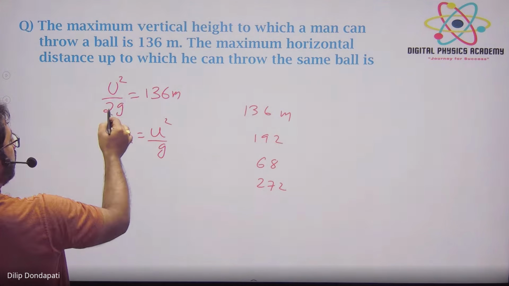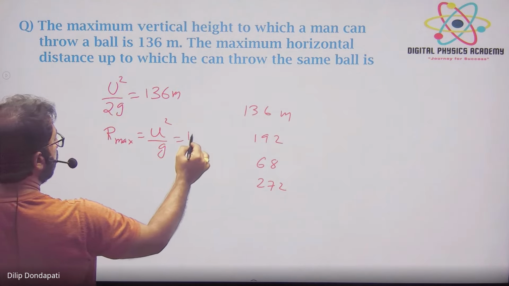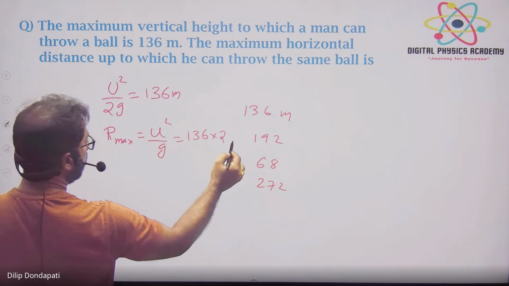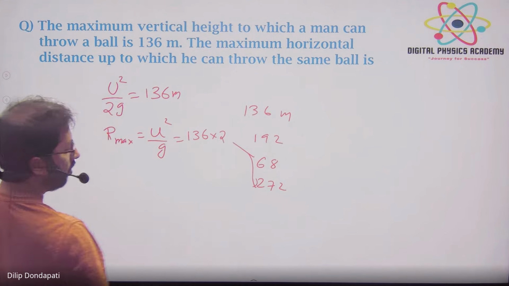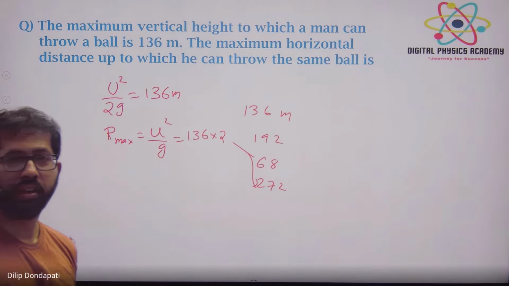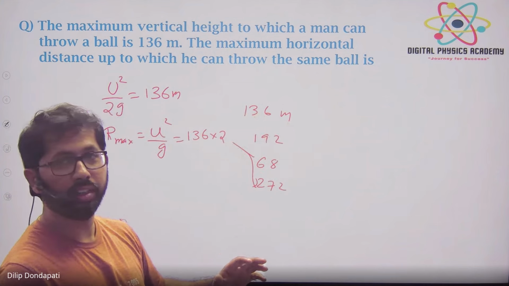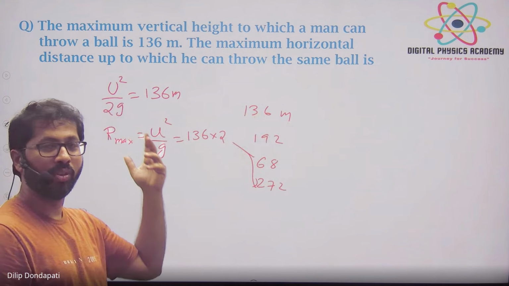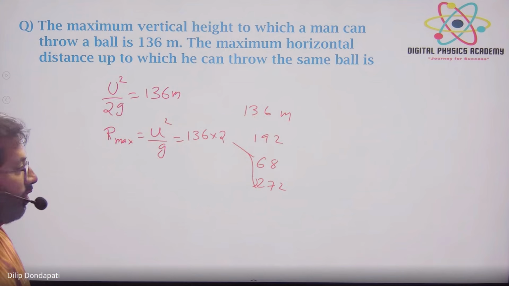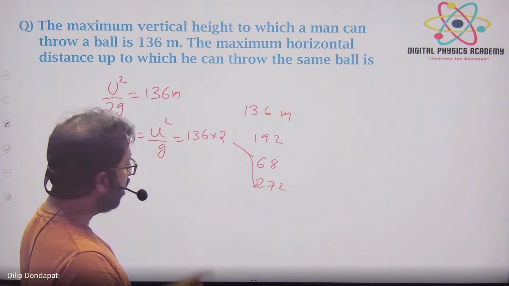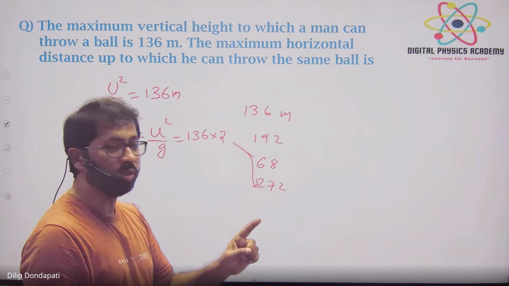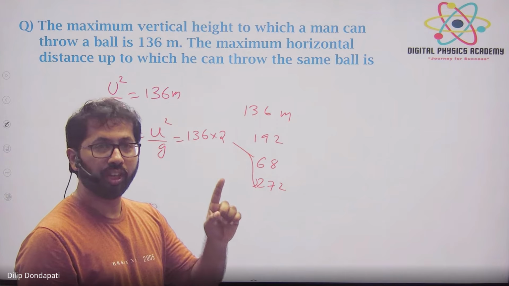And U square by g is nothing but from this 136 into 2, which is 272. खत्म. अब ऊपर थ्रो कर रहे हैं, एंगल में थ्रो कर रहे हैं, यू अंडरस्टैंड. उनका मर्जी है, वो किधर भी थ्रो करेगा. ओके, चलो. वेरी इंपॉर्टेंट, सी एक चैप्टर में ये की क्वेश्चन आएगा पेपर में. सो दैट वन थोड़ा मिस्टेक किया तो खत्म. Discussion will come for exam.